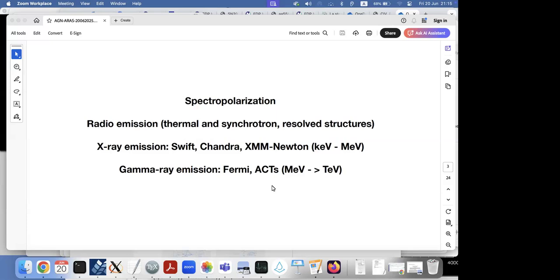And finally, the current epoch, the thing that has made high energy astrophysicists salivate, was the continuing observations with Fermi, with the Cherenkov telescopes, of emission from MeV to above TeV. This is actually a clue, a fundamental indication of what's going on.